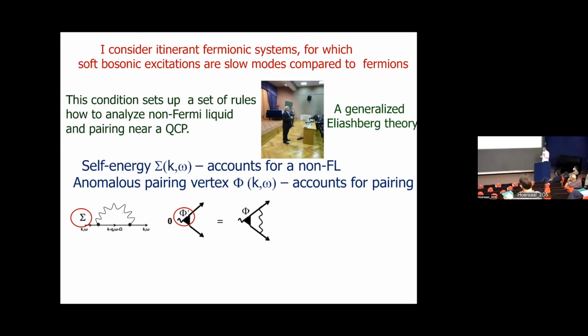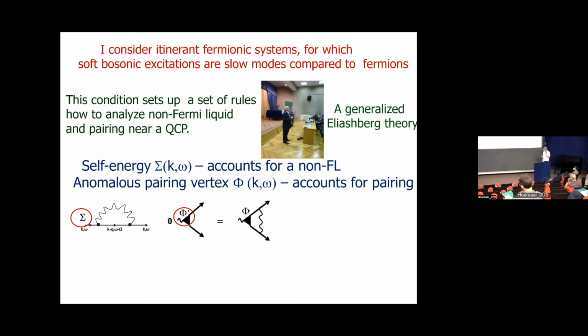And the rule is that we know how to get rid of k dependence. For the self-energy, it's pretty straightforward. You just calculate the k-dependent, omega-dependent self-energy and find that the omega dependence is parametrically larger. For the pairing vertex, you project into the most attractive channel.